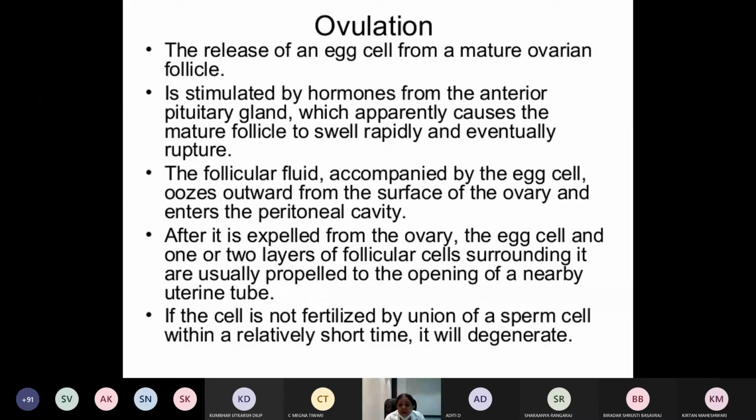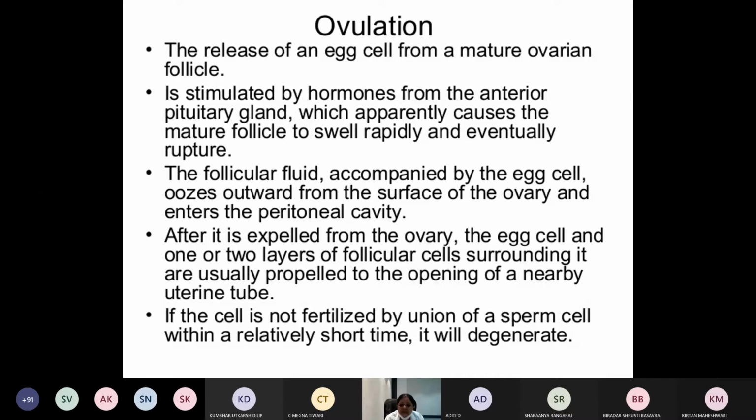After it is expelled from the ovary, the egg cell and one or two layers of follicular cells surrounding it are usually propelled to the opening of a nearby uterine tube.